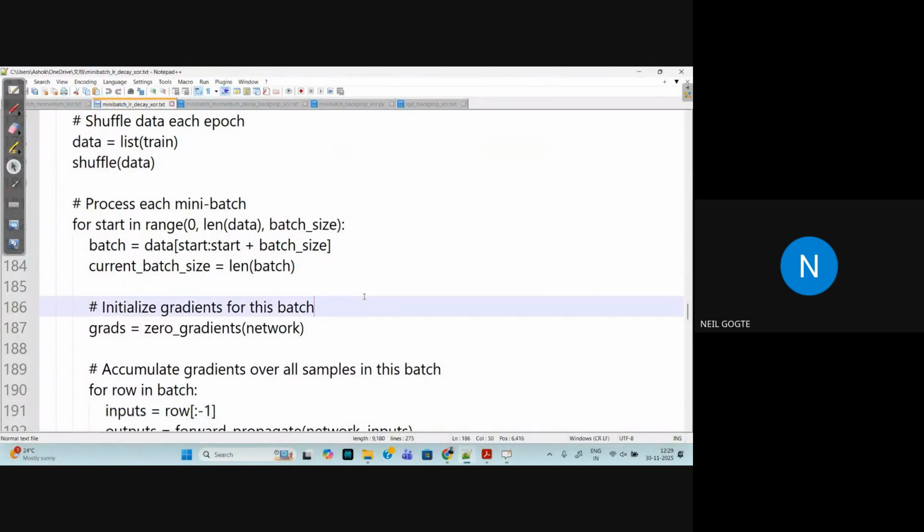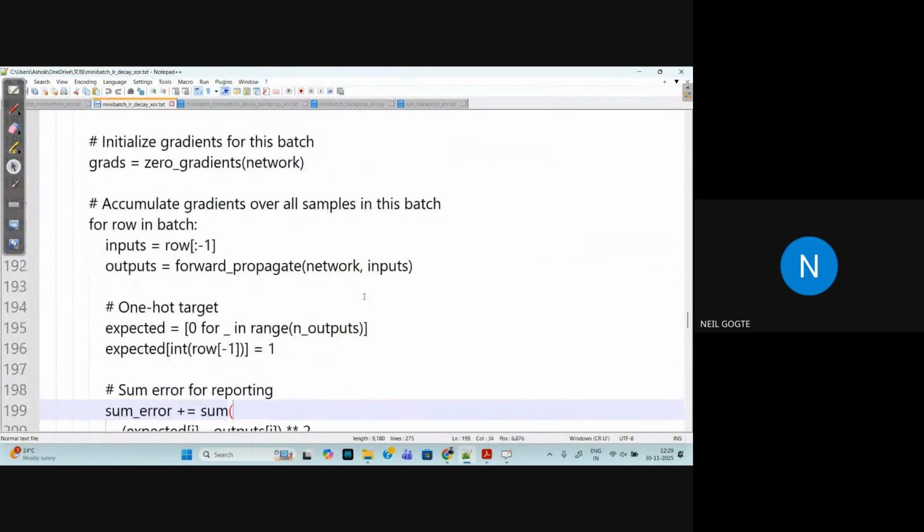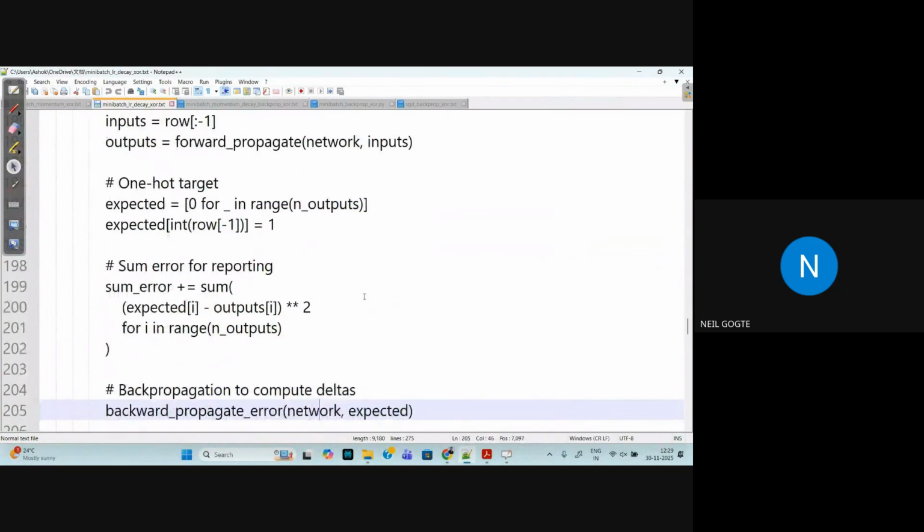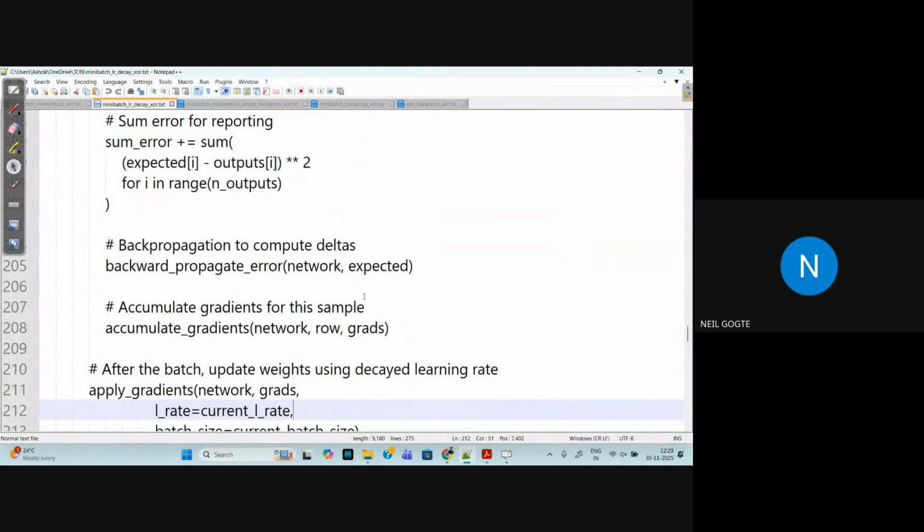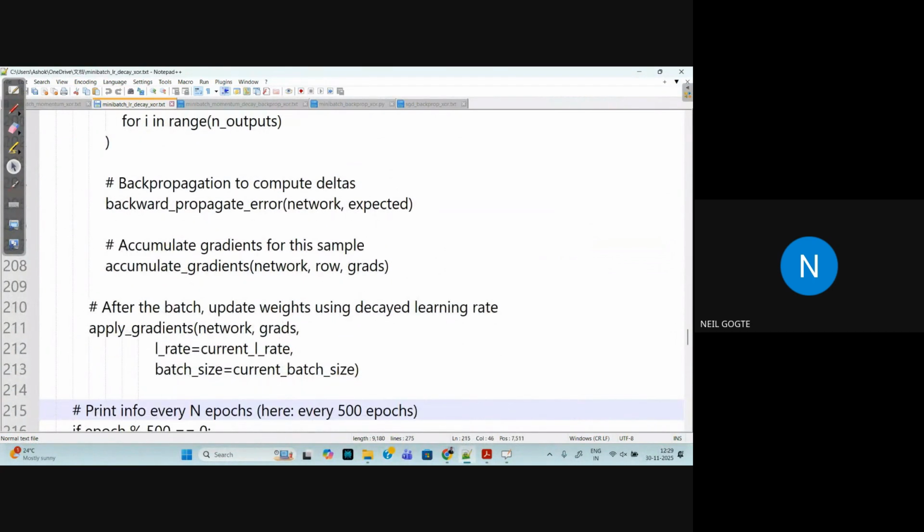We are just taking you to the change which we did. Again, as I told you, this is the same forward propagation, backward propagation, accumulating the gradients. Only here, just one word change. When I say apply gradients, I say network gradients. Only this learning rate is the current learning rate of that epoch.